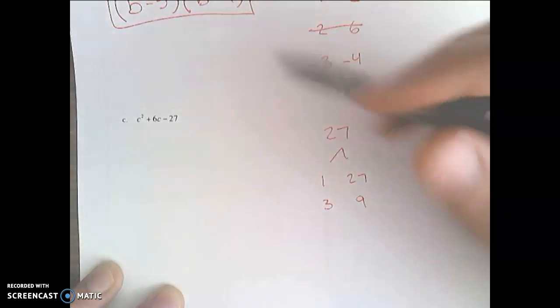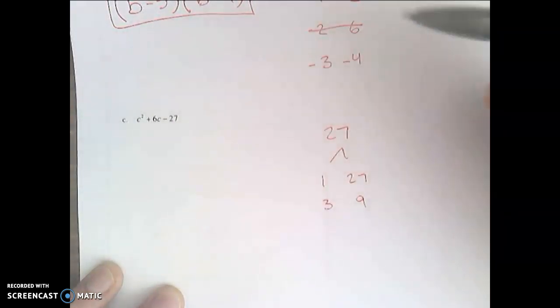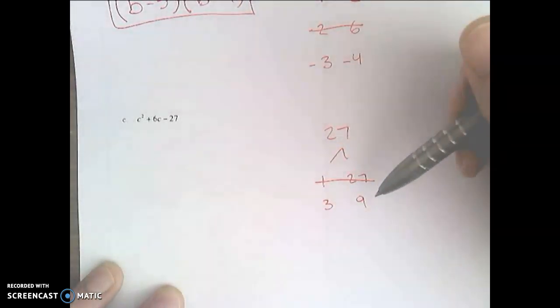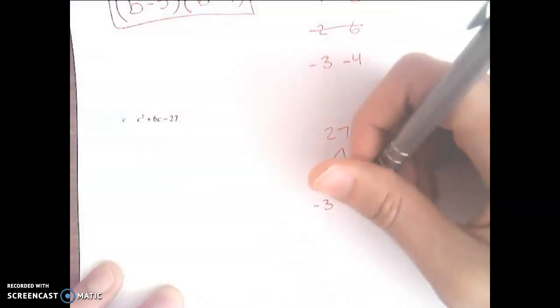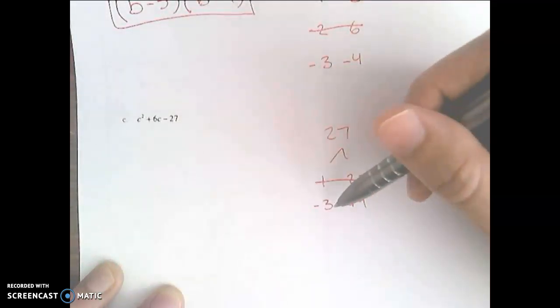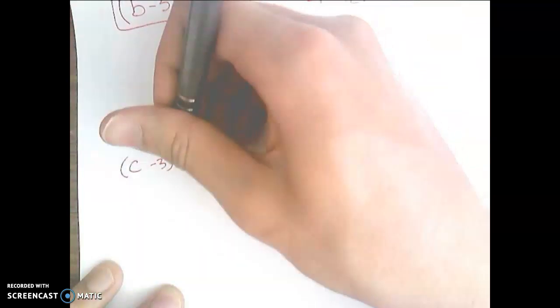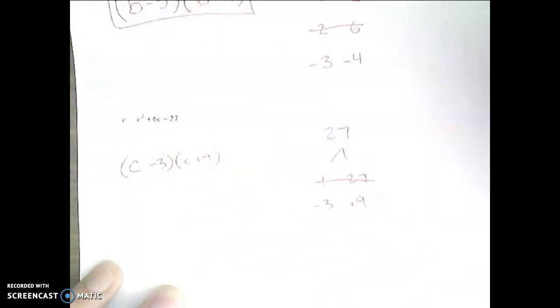We want to add up to positive 6. 1 and 27 isn't going to do that. So 3 and 9. Let's see, we could do positive 9 and minus 3. So 9 minus 3, that'll do it. So we have c minus 3, and we have c plus 9. And that works.